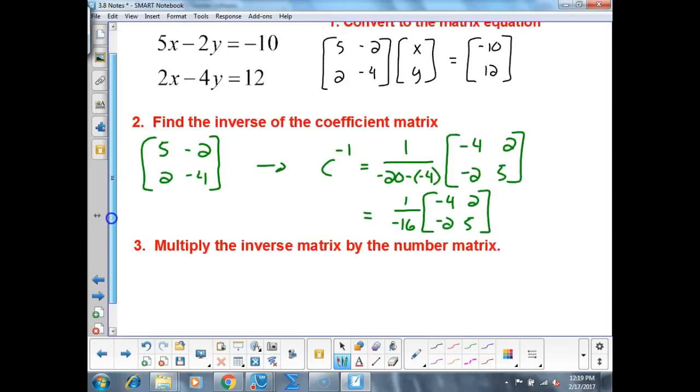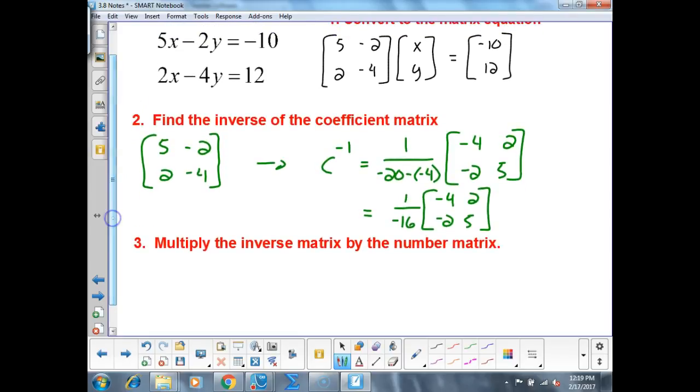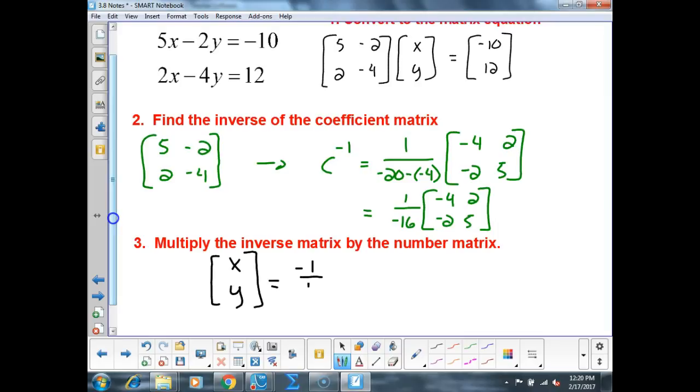Then, step 3 says, now I need to take, so my final answer here is going to be x, y equals negative 1/16 times negative 4, 2, negative 2, 5 times my number matrix, which was negative 10 and 12.